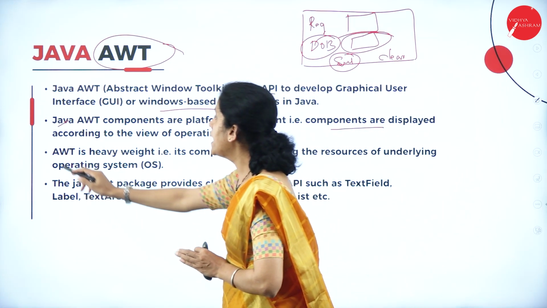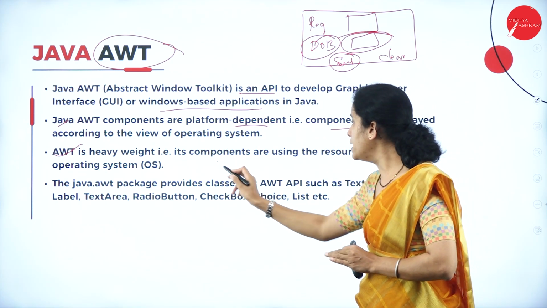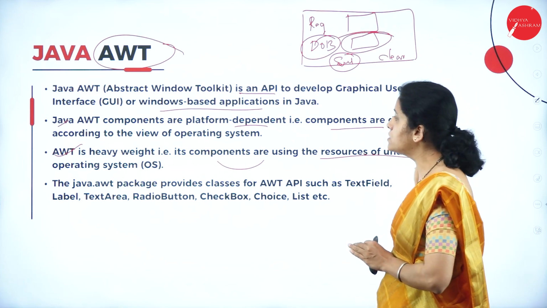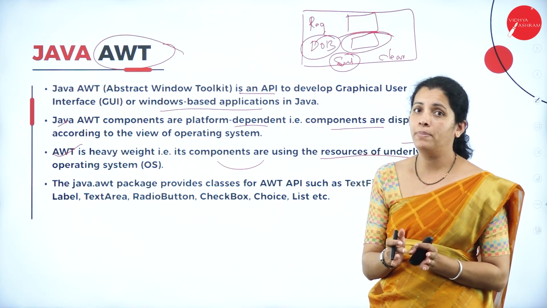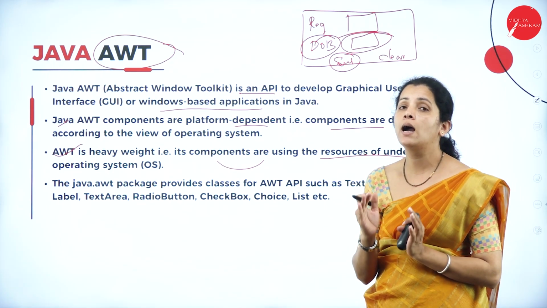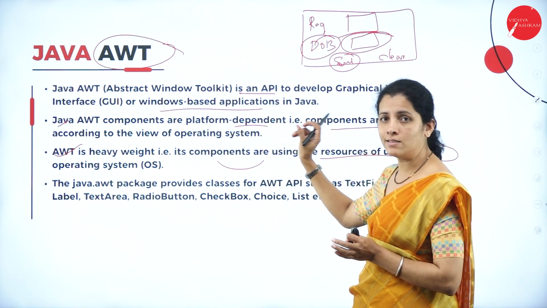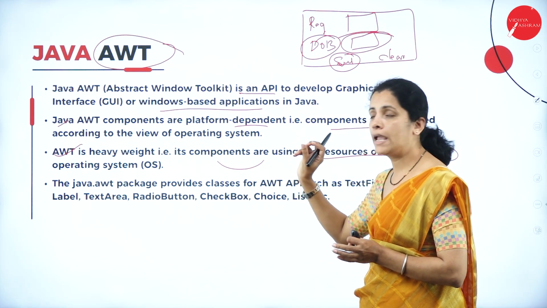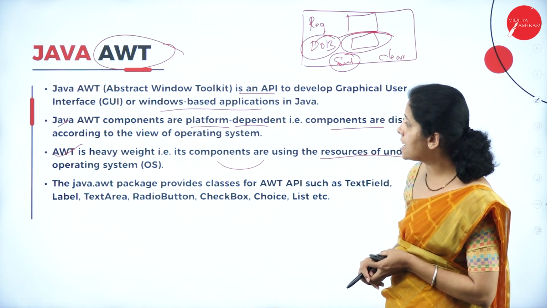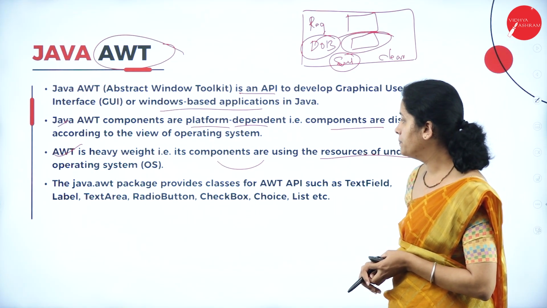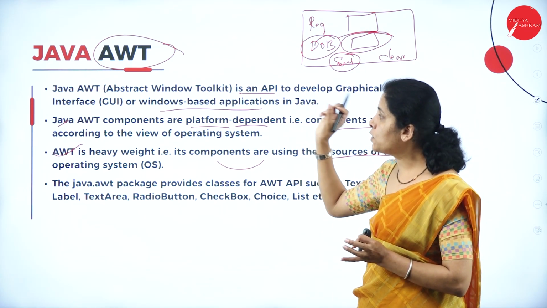So here AWT is heavyweight, in the sense that components use the resources of the underlying operating system. Dear student, whatever component I use in my application purely depends on the operating system. For that reason, AWT components are called platform dependent as well as heavyweight.